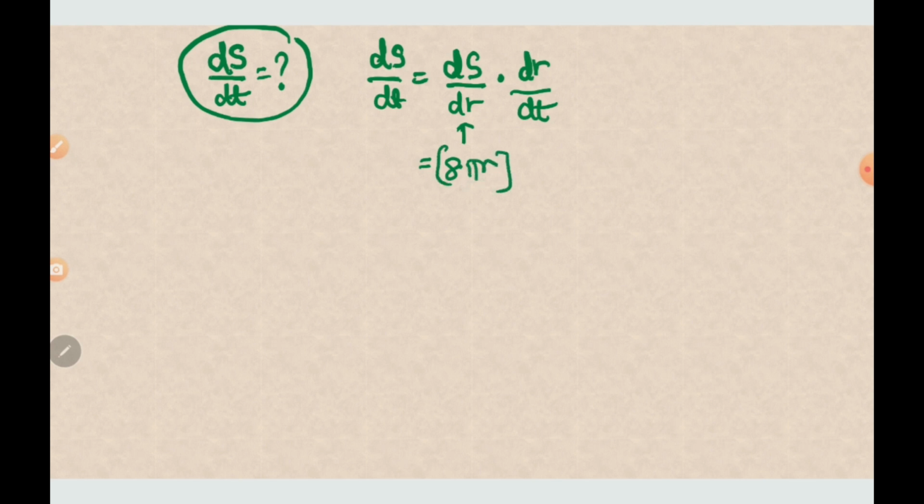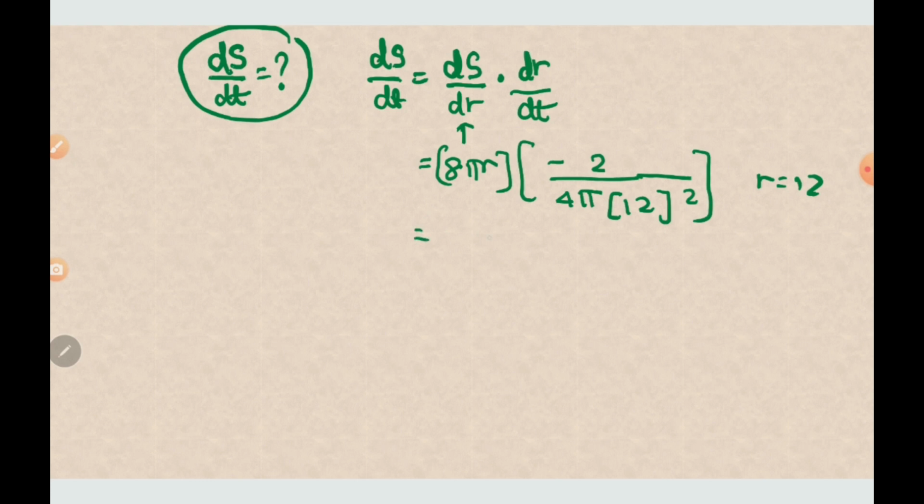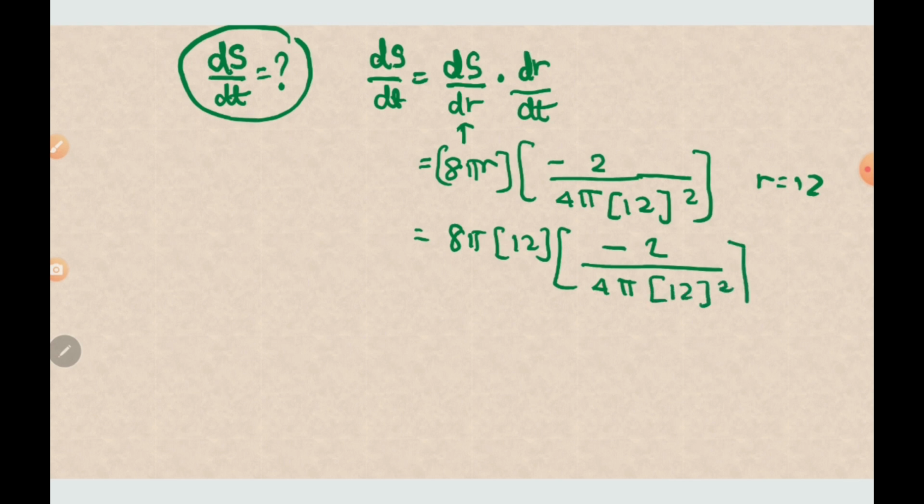dr dt, we have already the answer, that is negative 2 over 4 pi 12 squared. Okay, now when r equals 12, you can substitute here, that is 8 pi times 12 multiplied with negative 2 over 4 pi 12 squared, and simplify.